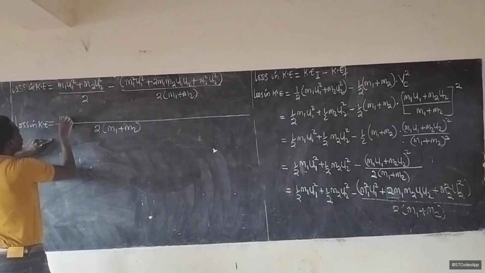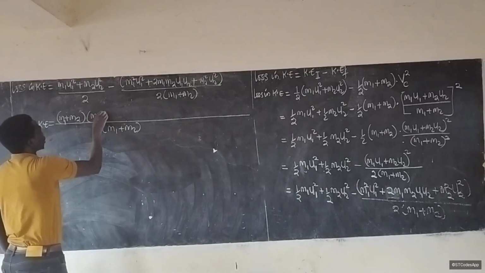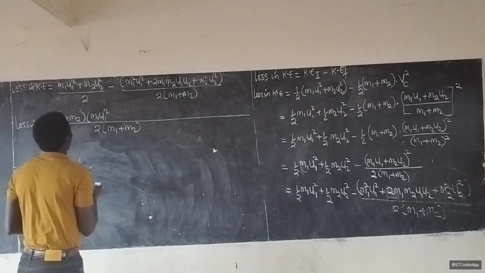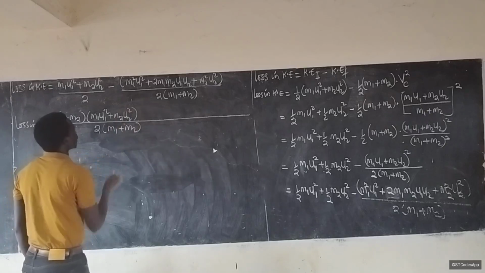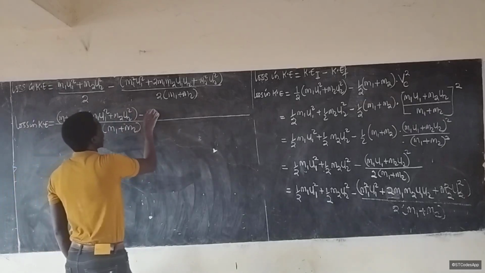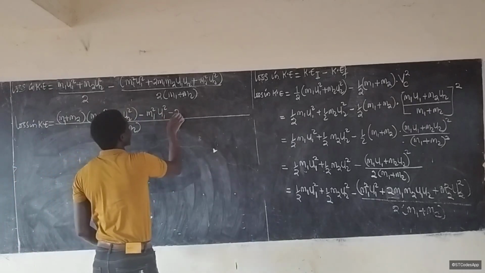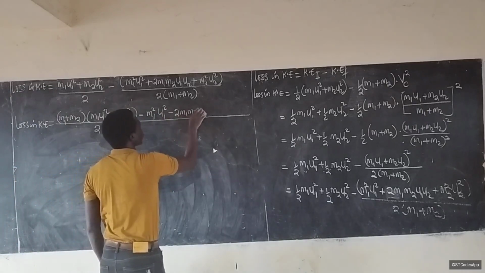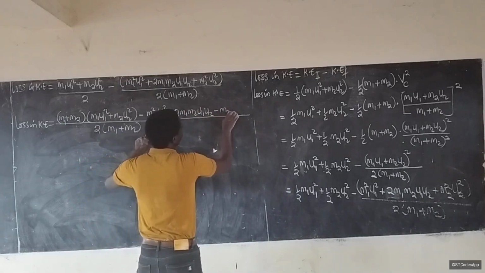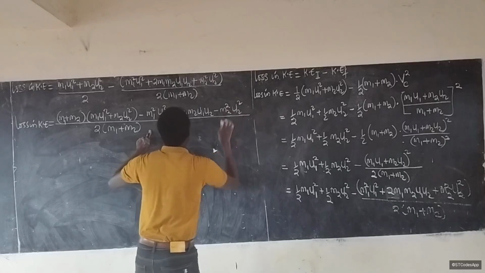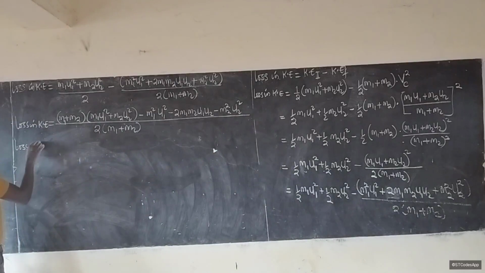So I'll have M1 plus M2, and then I multiply by M1 U1 square plus M2 U2 square, then minus M1 square U1 square, then also minus 2 M1 M2 U1 U2, then also minus M2 square U2 square. So when I expand this, I'll have that loss in kinetic energy.